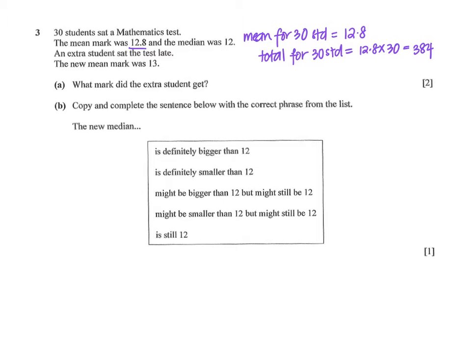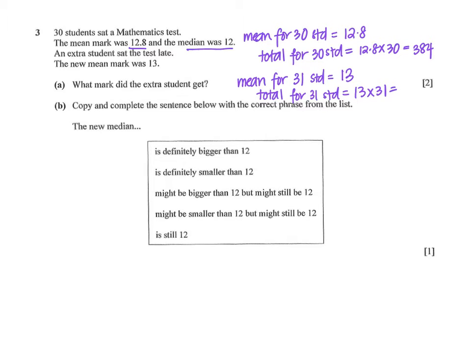I know that the median was 12, okay. Then extra student, so I add one more student now. I have a new mean mark. So if I add one more student now, then this will be the mean mark for how many students? Originally, I have 30. Now I add one more student, I'll have 31 students. And this new mean mark is 13. So now that means the total marks for 31 students is 13 times 31.